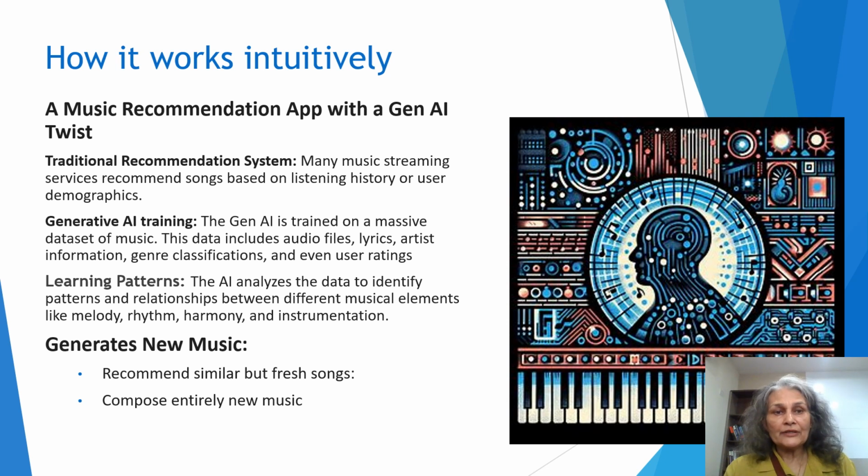The first step in generative AI is training. The generative AI app is trained on a massive data set of music. This data would include audio files, lyrics, artist information, genre classification, and even user ratings.